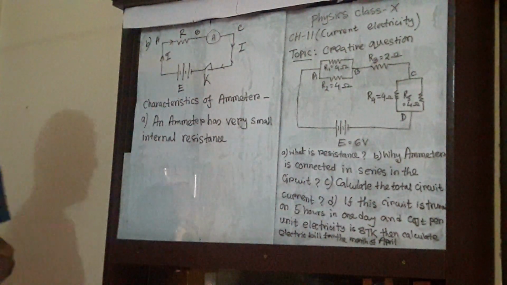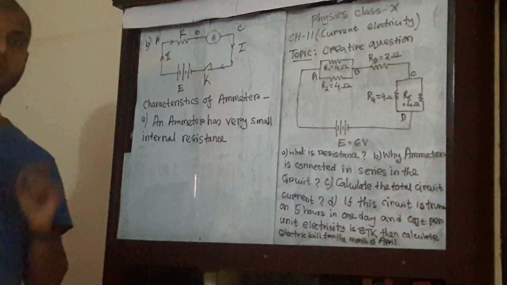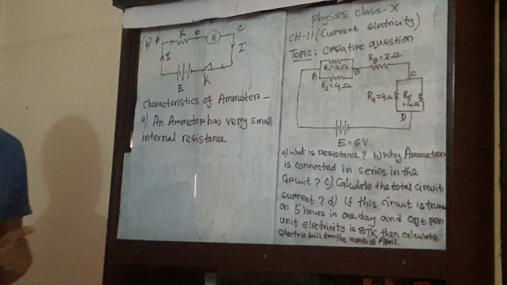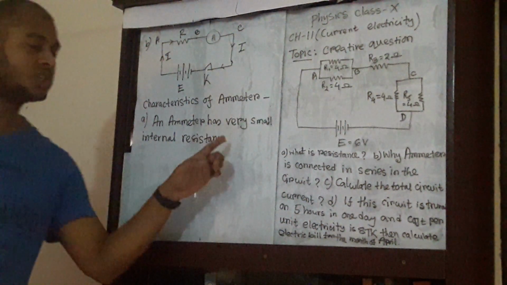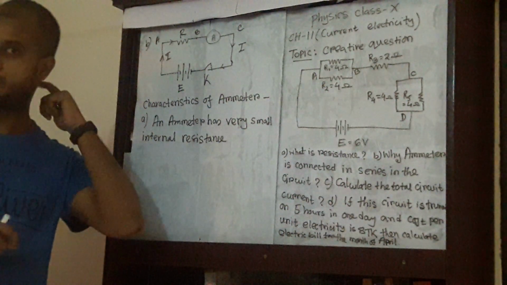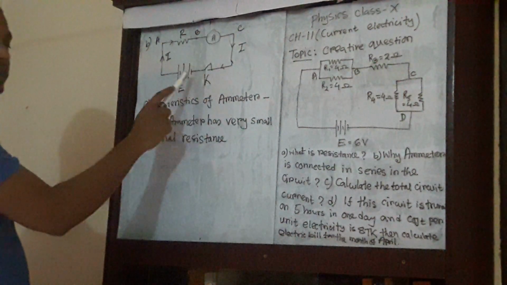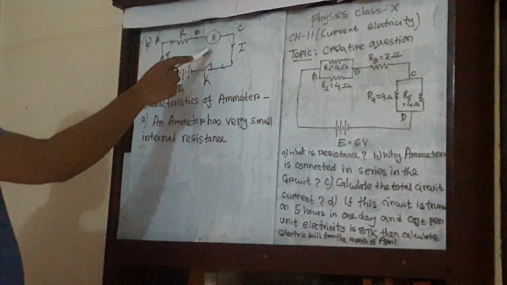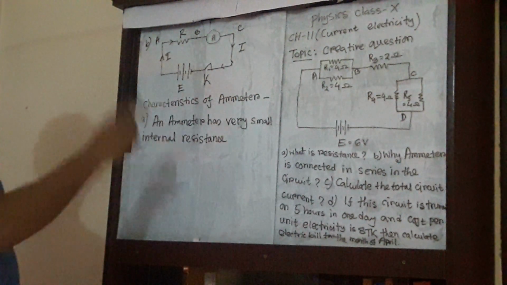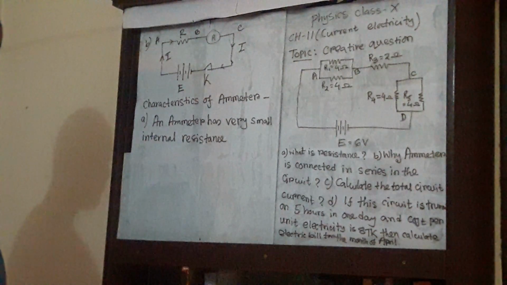So because this internal resistance is very small, no drop of electricity takes place inside the ammeter. In short, this internal resistance value will be very close to zero. So when electricity passes through the ammeter, no voltage drop takes place inside the ammeter. That's why an ammeter is connected in the circuit.